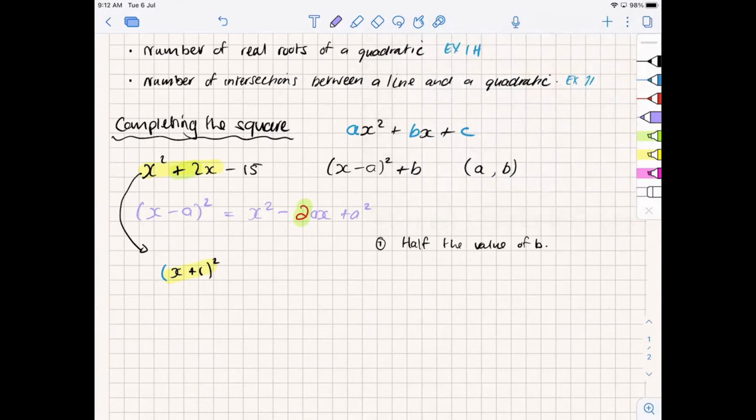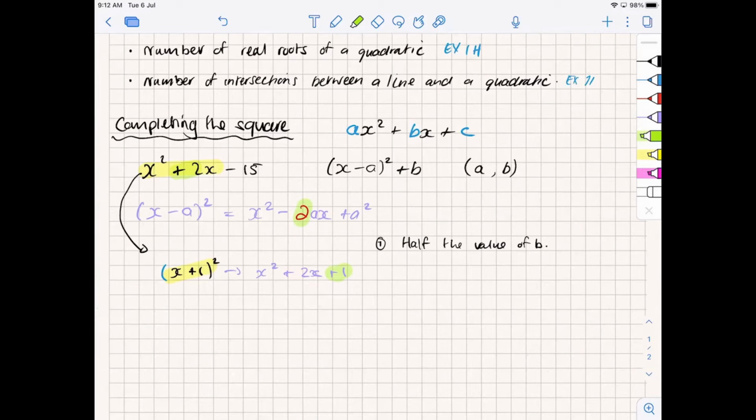If I expand this out, I'm going to get x squared plus 2x plus 1. So I have created a plus 1 in this whole scenario, which I didn't mean to create. It was created by the fact that I just put this thing in a bracket without considering what was going on.